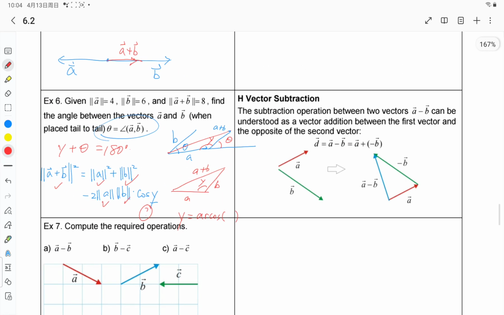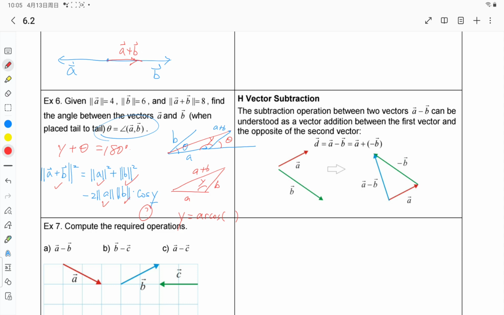And then vector subtraction. If you have two vectors positioned in this way, a and b, what about a minus b?